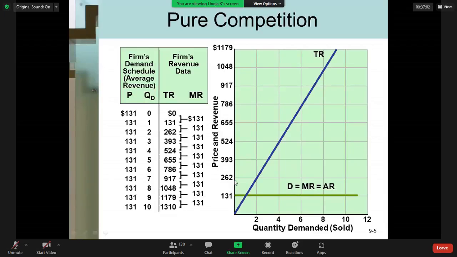So these things are not available in the slide, you can note them out, because for further calculation you will need them. So average revenue you can find out by total revenue divided by the quantity demanded. So what is the value for the first one? What is the value of average revenue for the zero value?